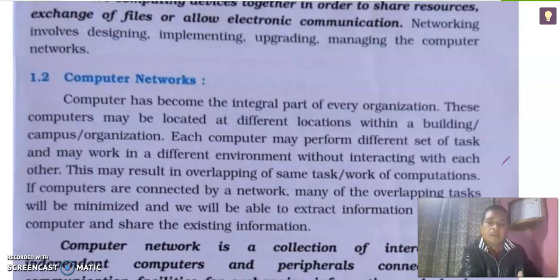Then we have another local area network, a campus area network, a network of computers within a campus area, and then the next type of network is a MAN. It's a metropolitan area network, in which all the computers within a metropolitan city are connected to each other. So all the computers within that geographical area can share the data and resources among each other.